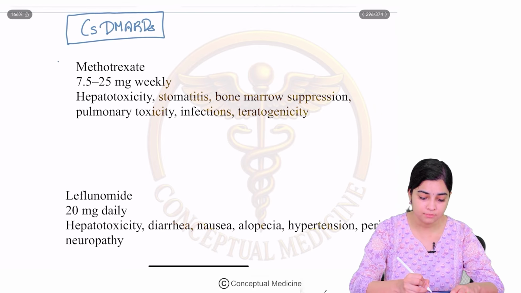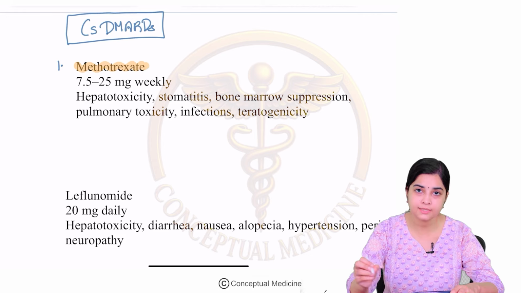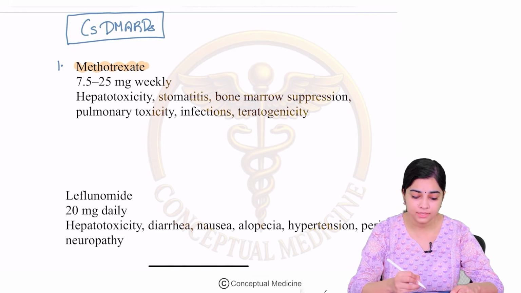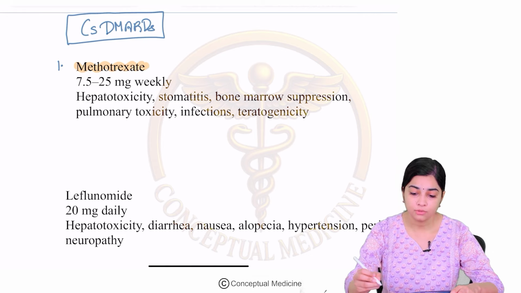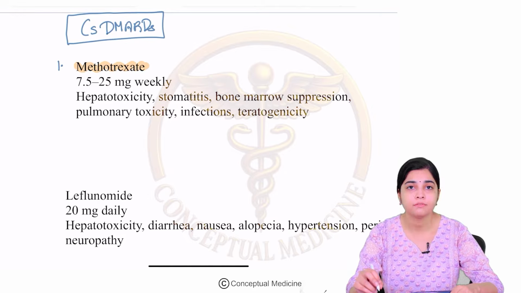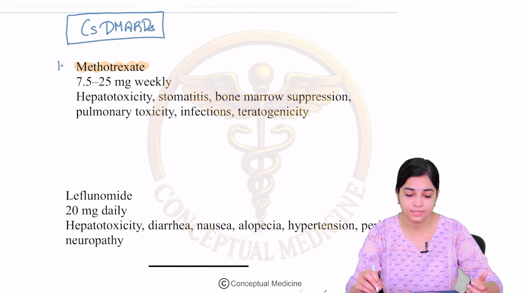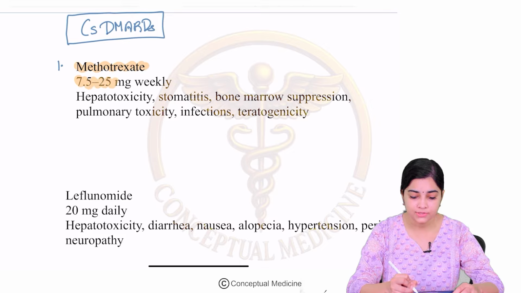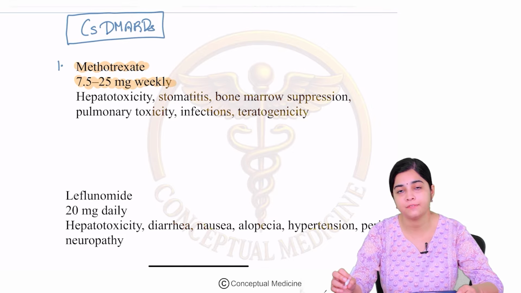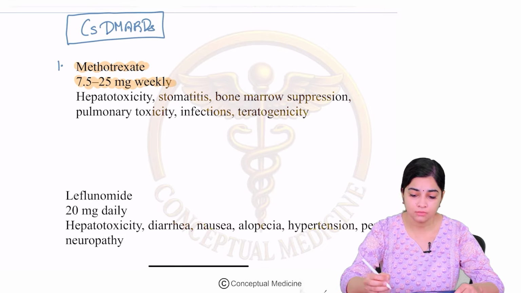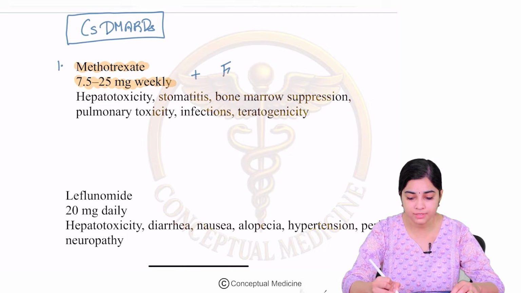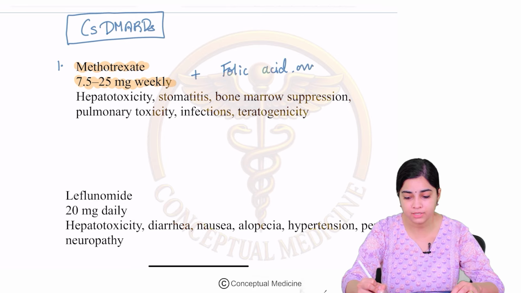So first, and the most important, is Methotrexate. Methotrexate is given as a weekly dose. It inhibits folic acid production. It's given in a dose of 7.5 mg to 25 mg per week. So along with this, you also have to replace folic acid once a week.